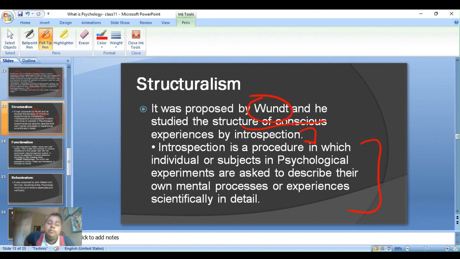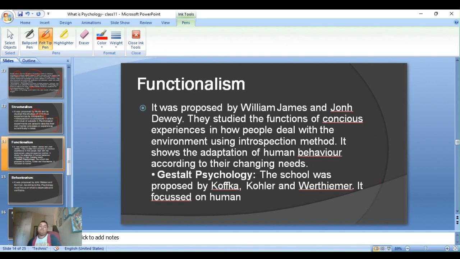So introspection is a procedure in which individual subjects in psychological experiments are asked to describe their own, मतलब consciously उनको अपने बारे में बोलना था, their mental processes और experience scientifically in detail. ठीक है, ये structuralism है.